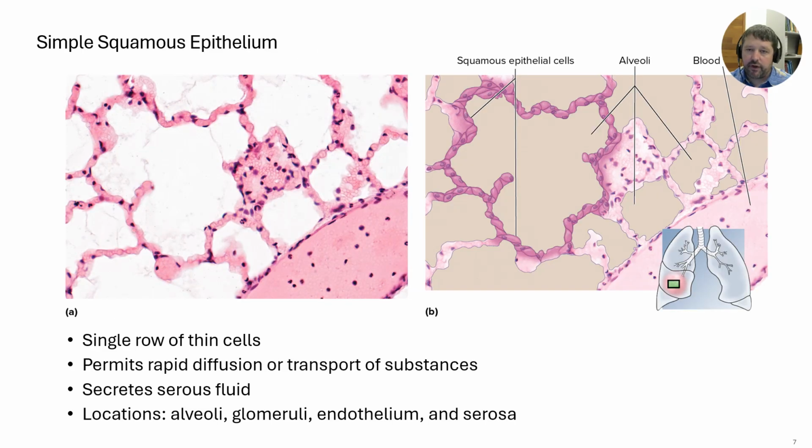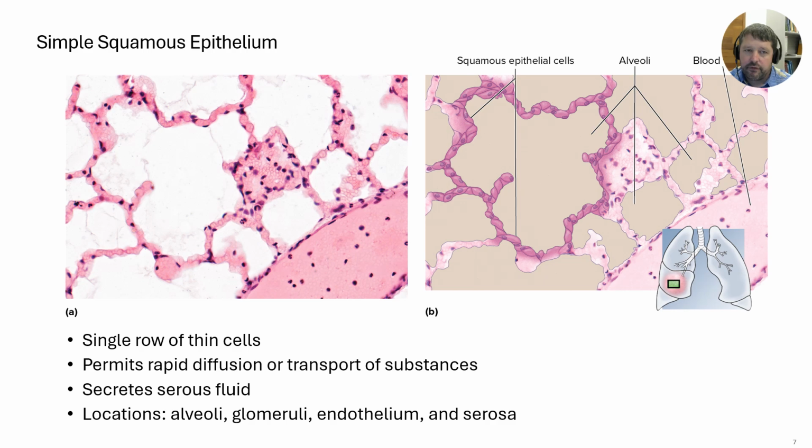Okay, so if we dive in, we can look at some examples of this. Lung tissue is a really good tissue to look at simple squamous epithelium. Really thin layer that goes along. You want the transfer of oxygen as quick as possible.